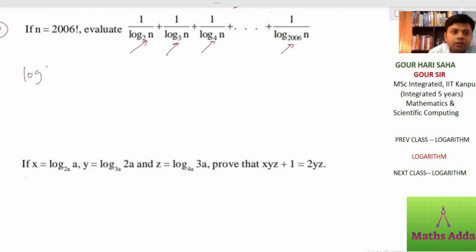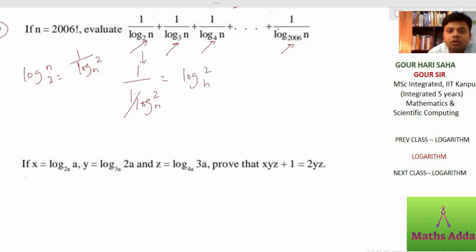Log of n base 2 is 1 by log of 2 base n, right? So it becomes 1 by log of 2 base n, which is log of 2 base n. This will become log of 3 base n, this will become log of 2006 base n.